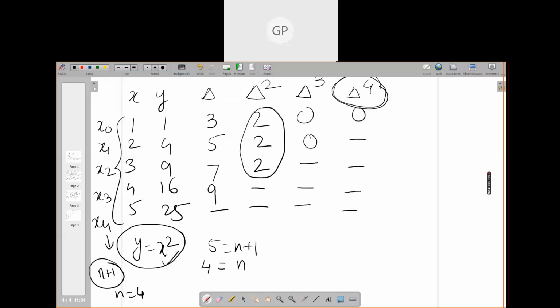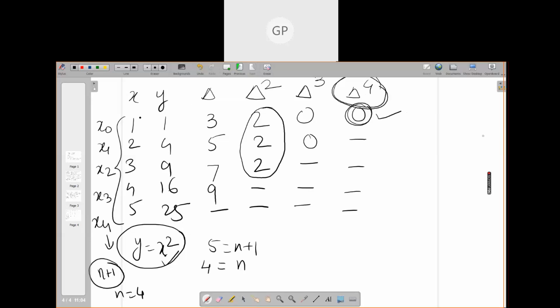But if my polynomial is of higher order, suppose a polynomial of degree 5, then 4th order differences will be constant. If I have a degree 5 polynomial and I have 5 values like this, I will get a constant number over here and the next differences vanish. They are not present.